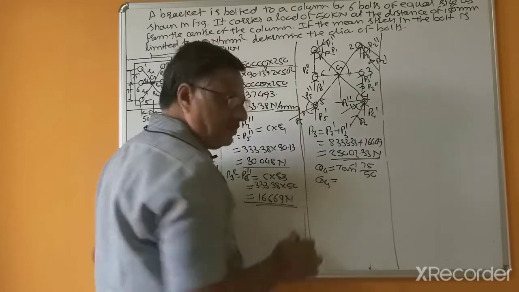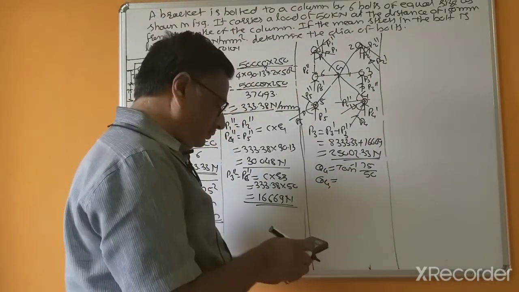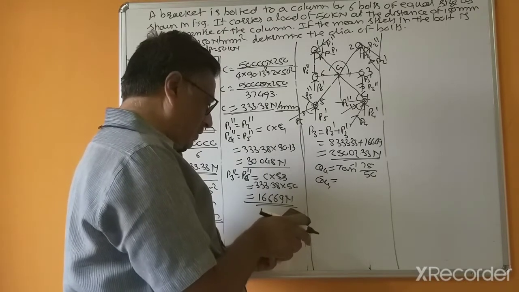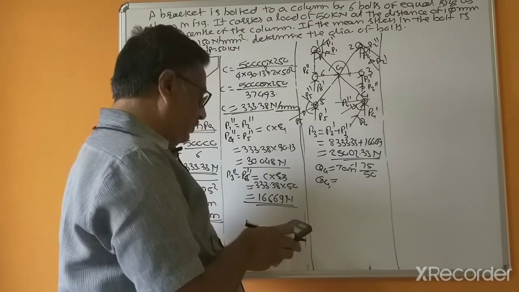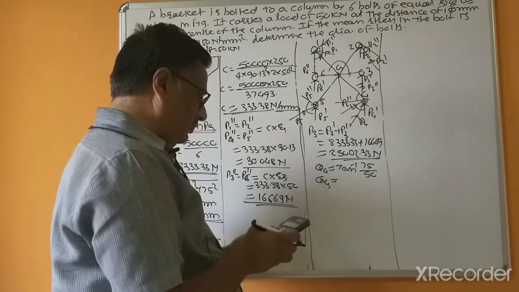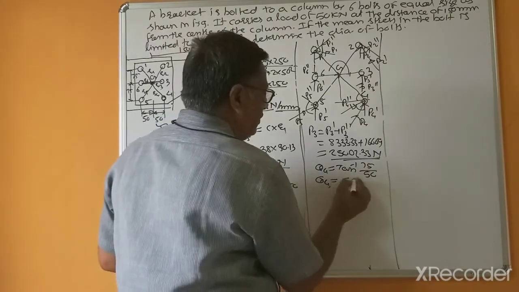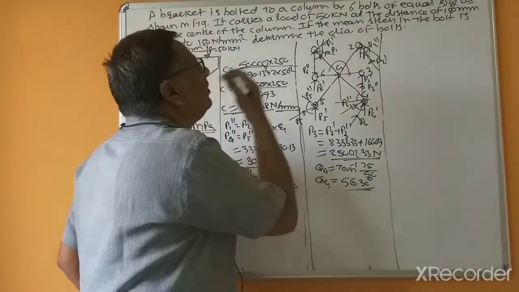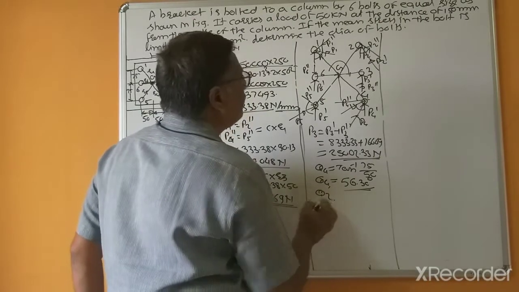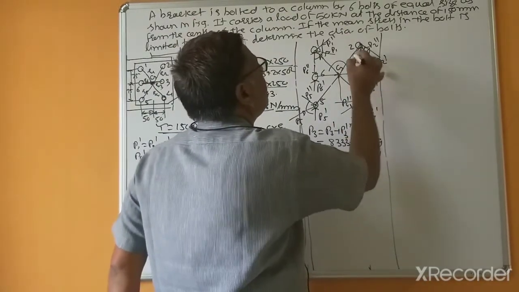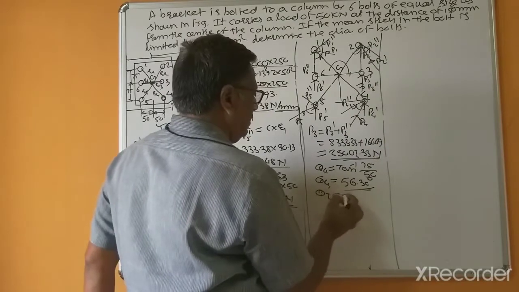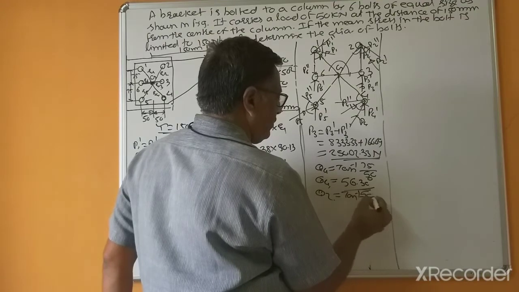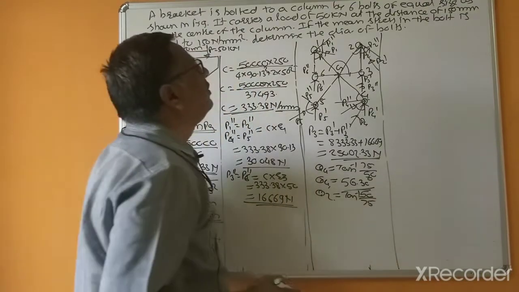So theta 4 equal to, means this 75 divided by 50, tan inverse 1.5 equal to 56.30. This is angle 56.30. Theta 2 equal to this angle, and this is tan inverse front side 50 divided by 75. Why these angles?